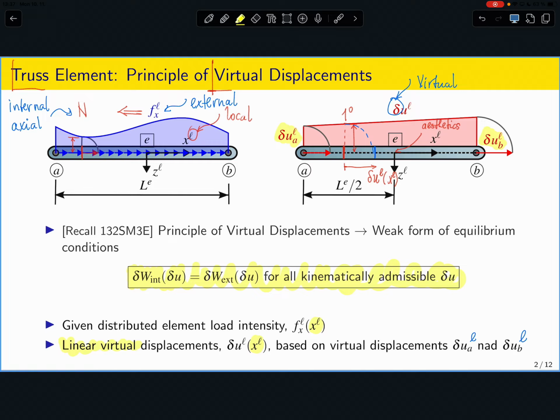So basically by believing in the principle of virtual displacements and saying that my virtual displacements look like this one, I'm able to get all the relations which I have developed so far. And this is something I would like to show you within the lecture.